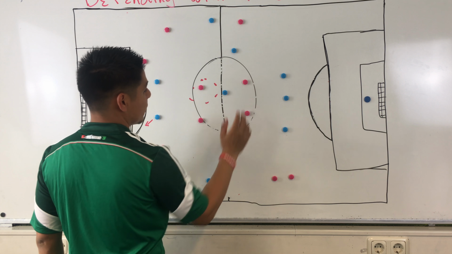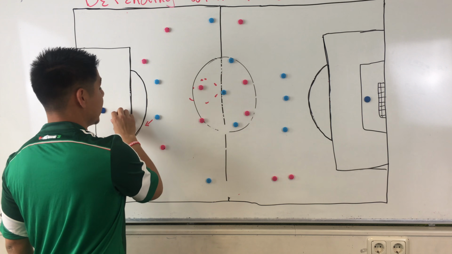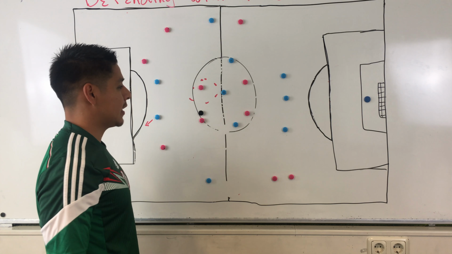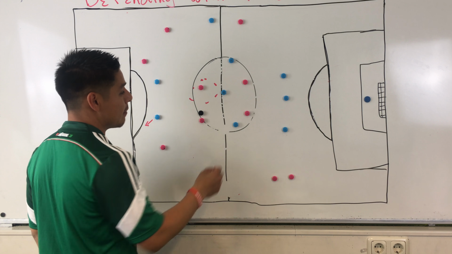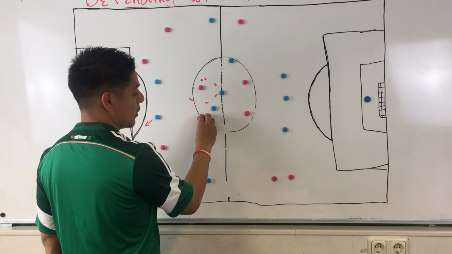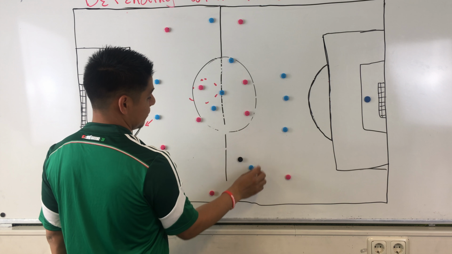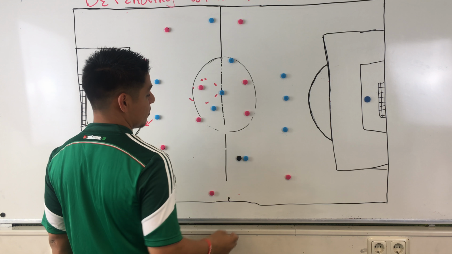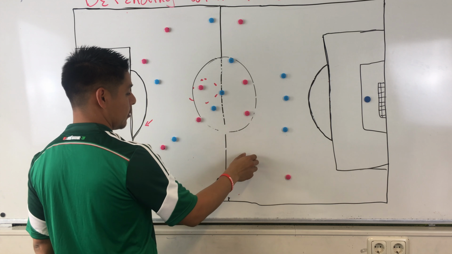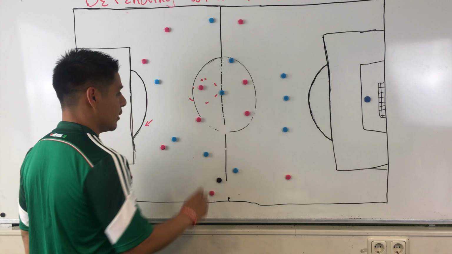So here, if the strikers help, then we essentially have a 4 versus 3 situation, and that's not exactly what we want. But if that does happen, then that's when we essentially try to push the game to the outsides, so that we can intercept these passes, and so that we can put a little bit of pressure. And if the ball goes there, we can try to get a 2 versus 1 situation there.